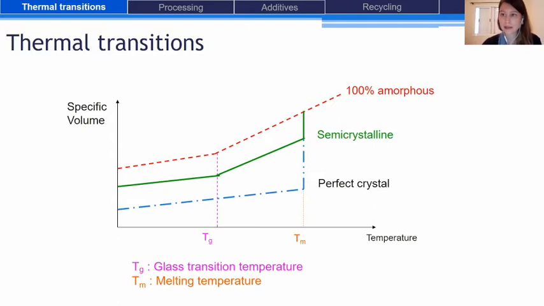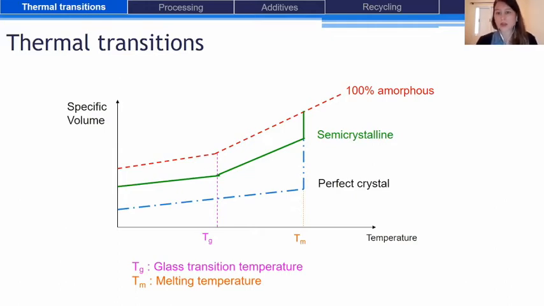So the chains are packed into the crystals. At the melting temperature, the crystals melt, and we end up with a 100% amorphous polymer. The space between the chains in the amorphous state is higher than in crystals. That's why we observe a sudden increase of the specific volume.